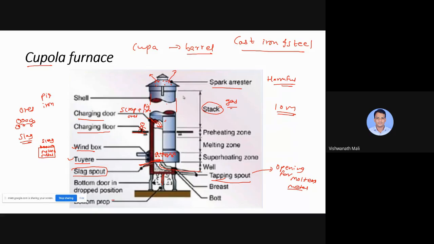Okay, and when we want to clean that cupola furnace, we remove this bottom prop, and whatever ash is generated, whatever other particles are there, will get removed from this. Okay. So these are the different parts of this cupola furnace, and now we will see one video of how this cupola furnace works. There you can understand this.